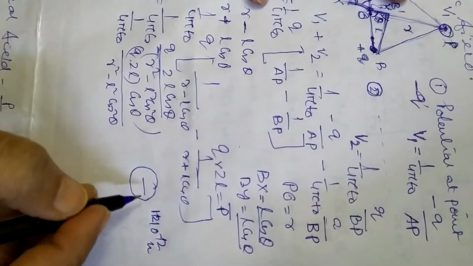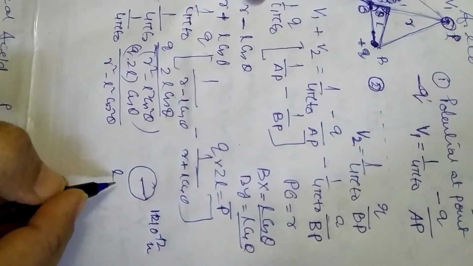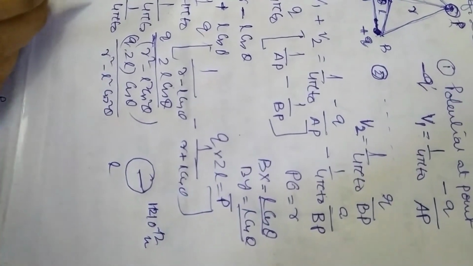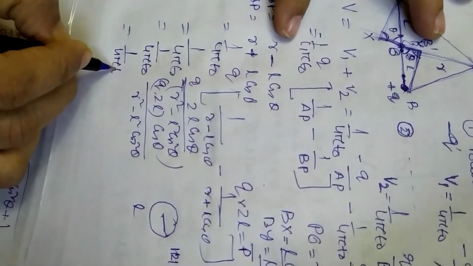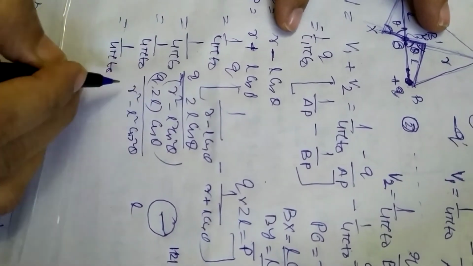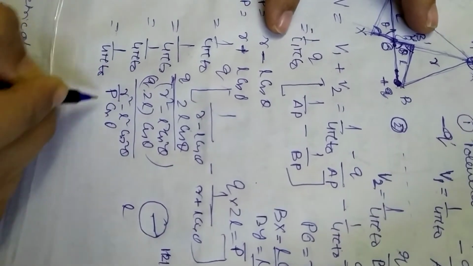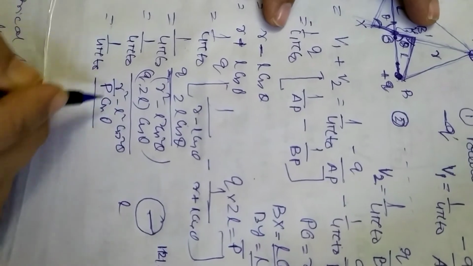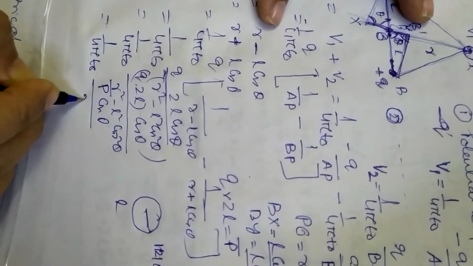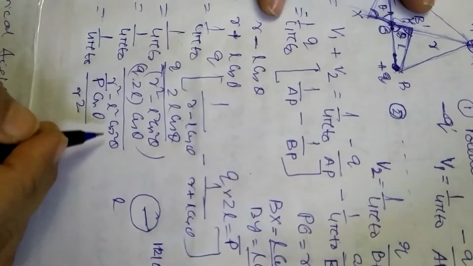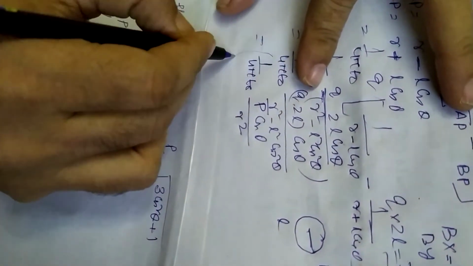Okay, so it is a very small distance, that is why we are neglecting L. We are writing 1 by 4 pi epsilon, and Q into 2L gives P. So we are writing here P cos theta divided by R square, as we are neglecting L square. So this will be the value for the dipole.